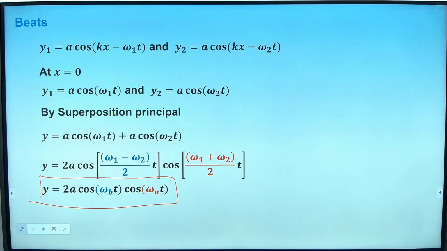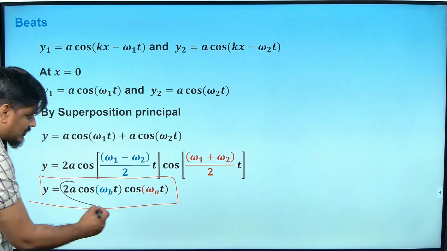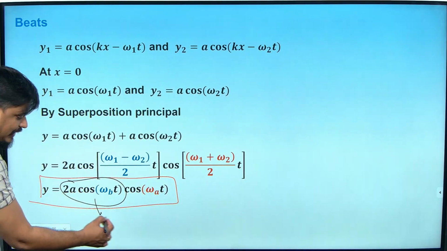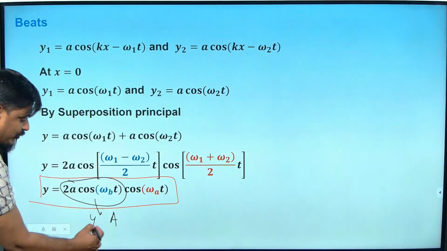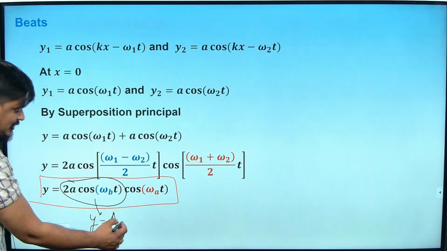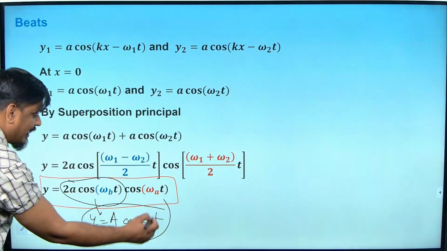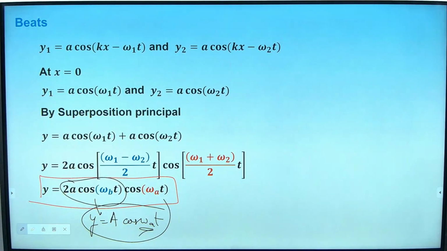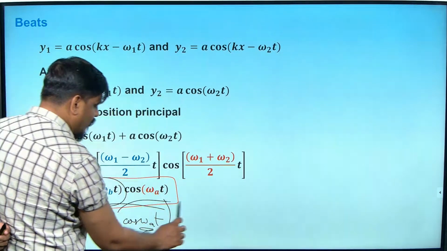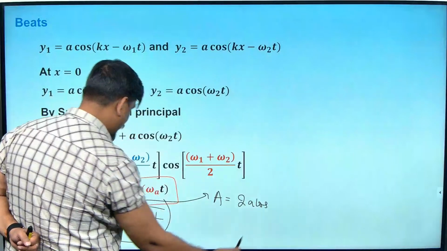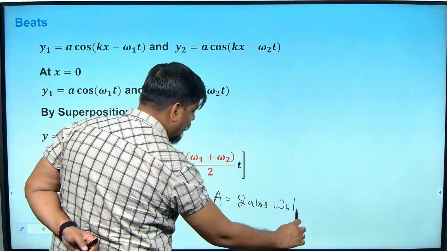Now, this 2a cos omega bt is taken as capital A, and I am writing the equation of this superimposition: y is equal to A cos omega a t, where omega a is (omega 1 plus omega 2) by 2, and A is 2a cos omega bt.